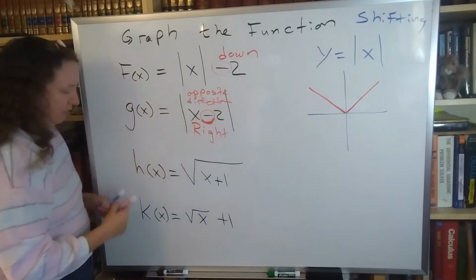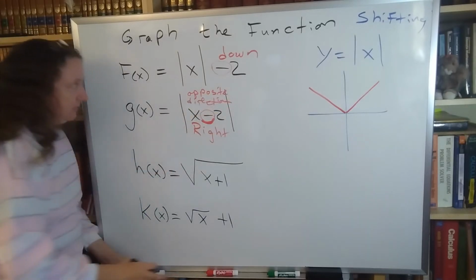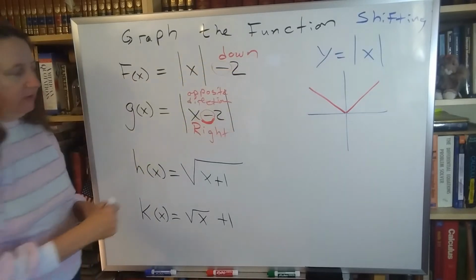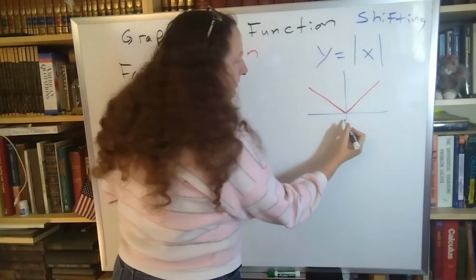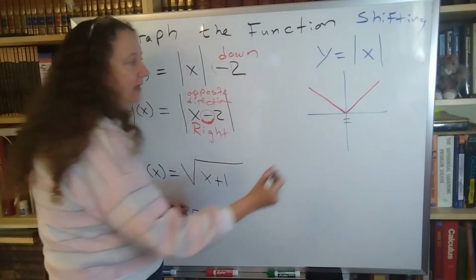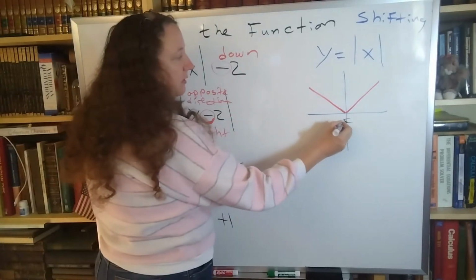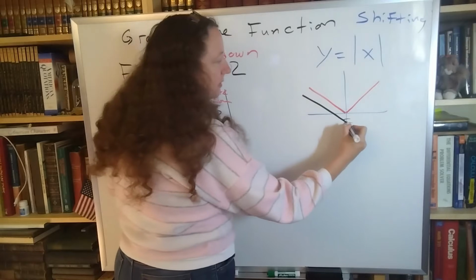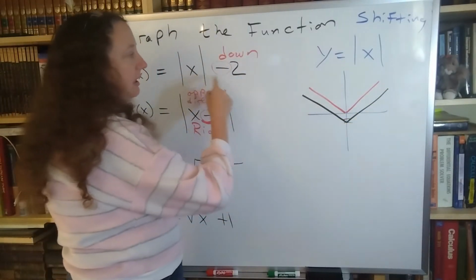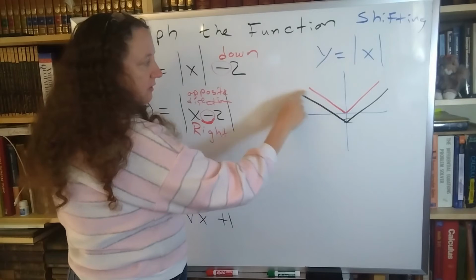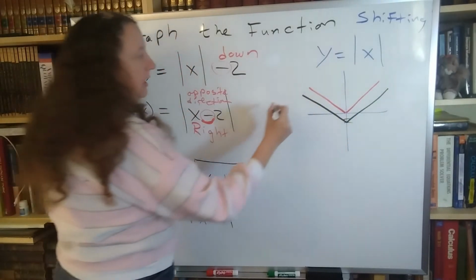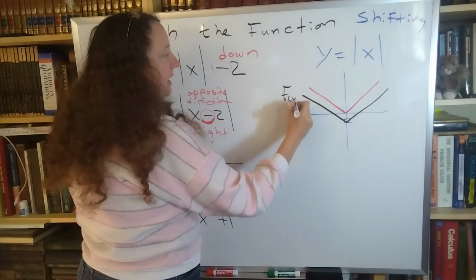So looking at my graph over there, f of x will be shifted down 2 places, and otherwise will look exactly like that. So those lines are parallel. The red and the black are parallel to each other. And that is f of x.